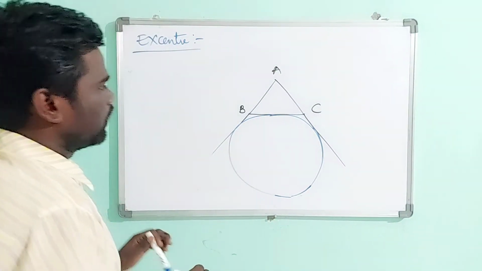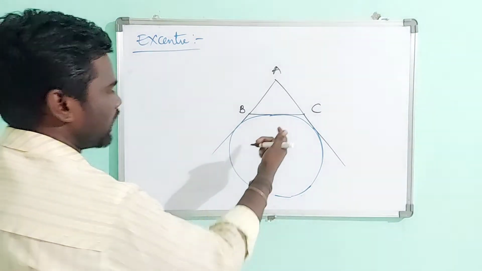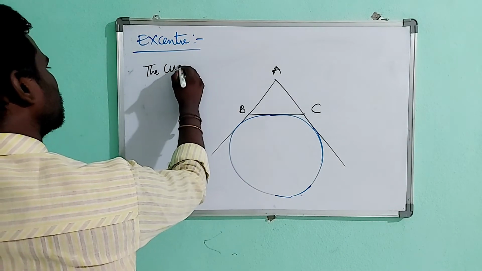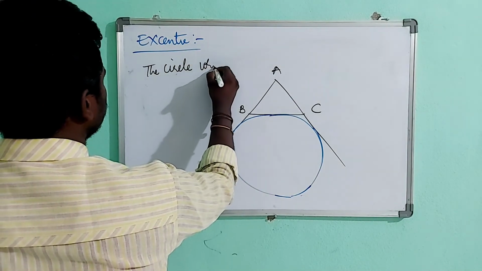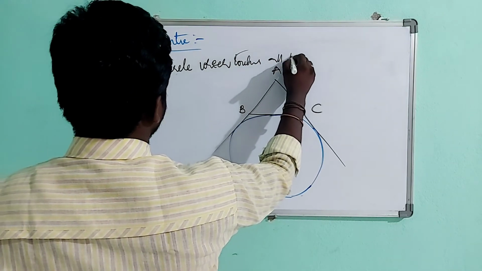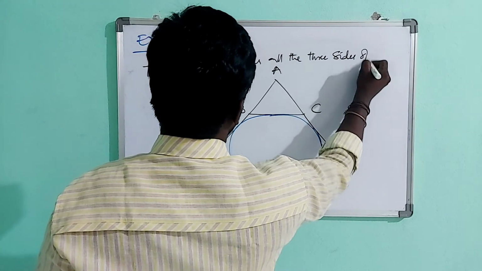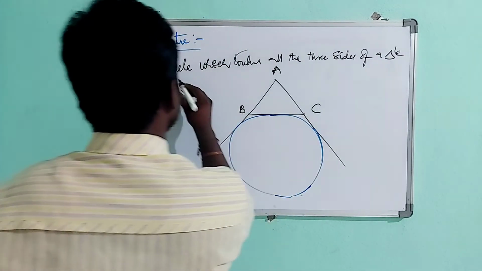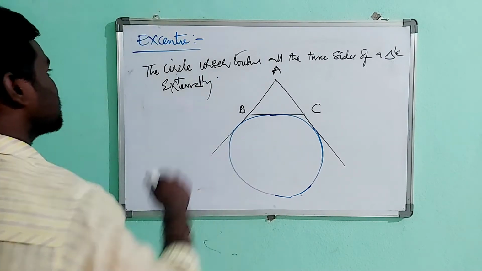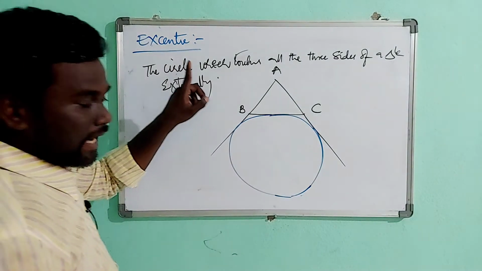So the circle which touches all the three sides of a triangle externally. For Incentre it is internal, for Excentre it is external.